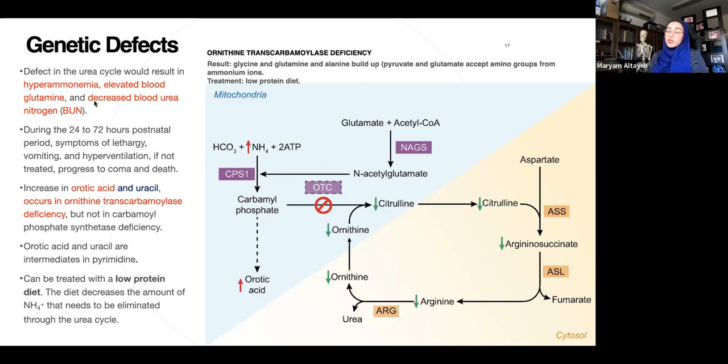And these deficiencies are not something that present later in life. Remember, they're genetic defects. If any of you attended my previous small groups in pre-med, I told you that most of the time, when you have a genetic issue, it's going to present in childhood, like specific deficiencies and defects.